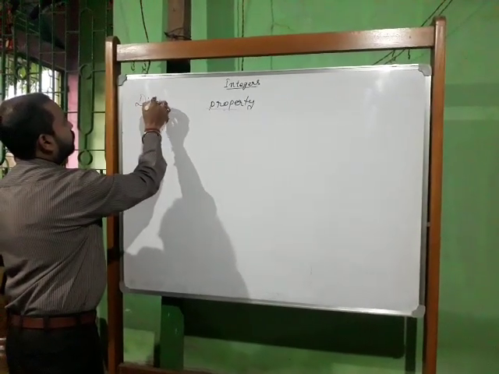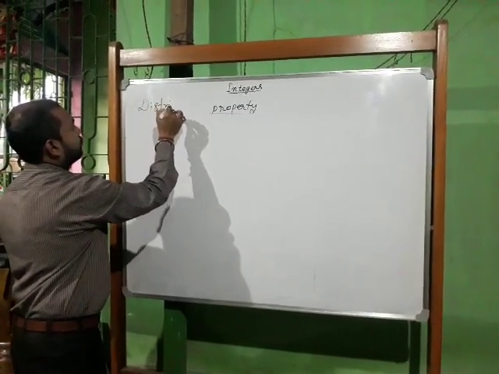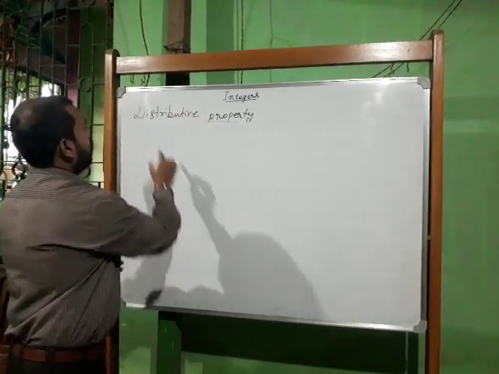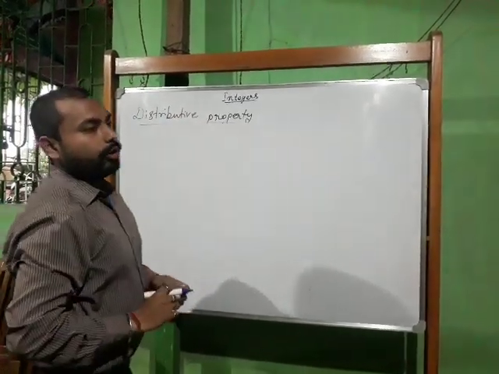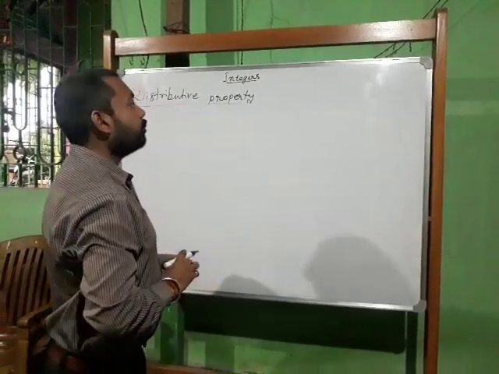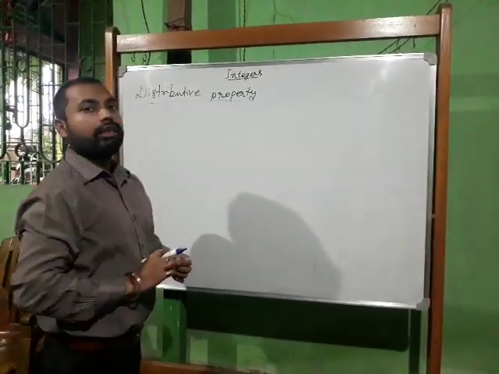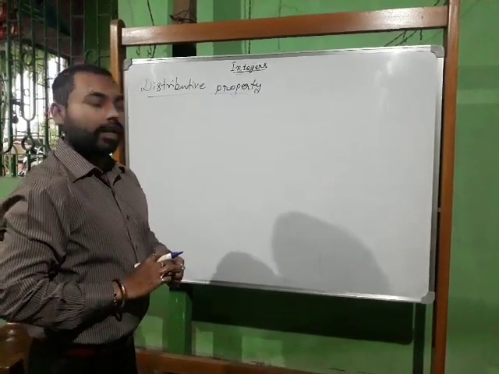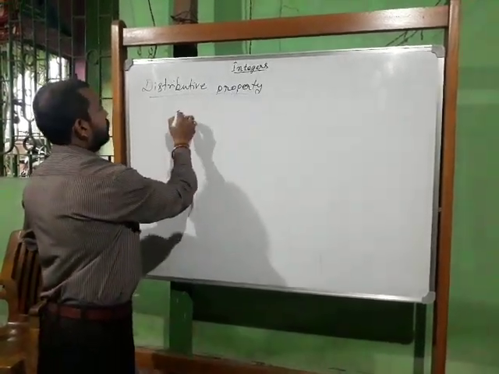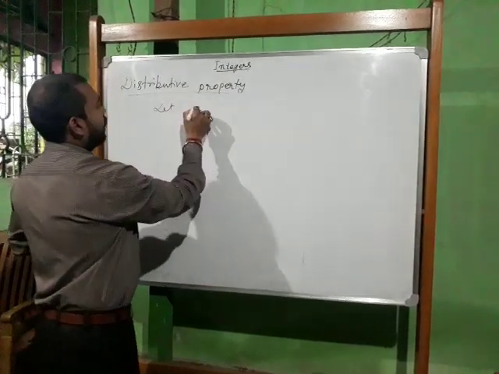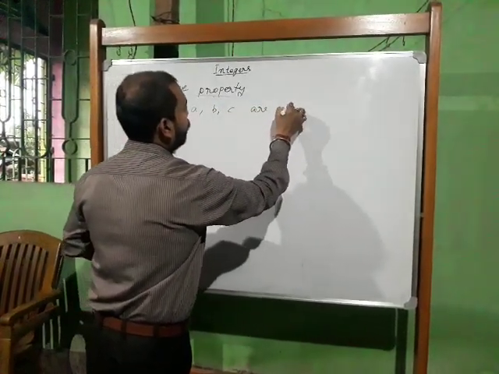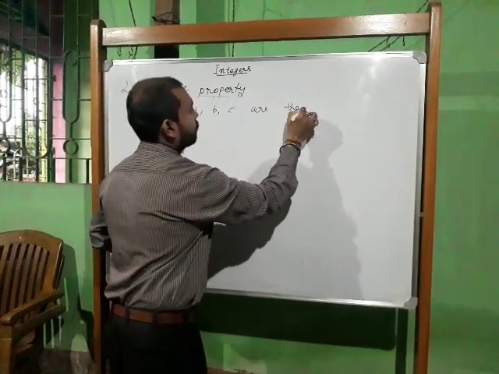Distributive property. Under the distributive property, there are actually two properties: distributive property under addition and distributive property under subtraction. So let us take again a, b and c as three integers.